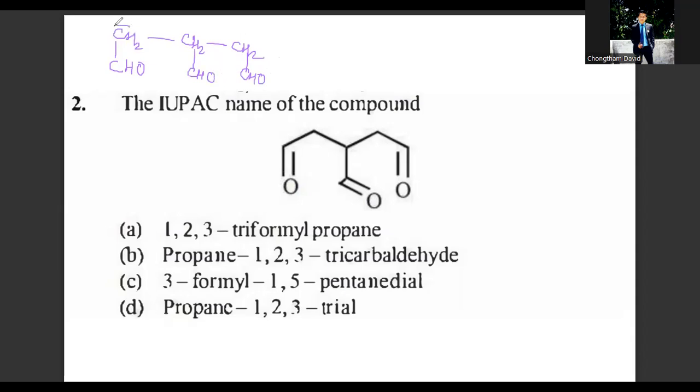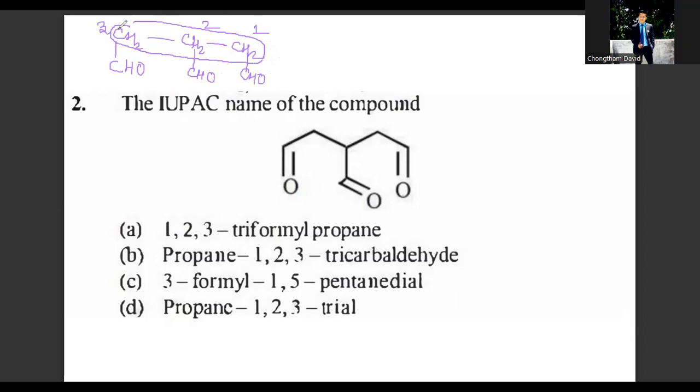Now the longest carbon chain is the parent chain. So when you do the counting, you can start either from the left side or the right side. Okay, I'm doing the counting from the left side to the right side.